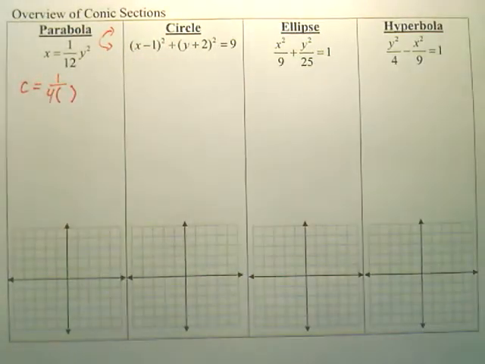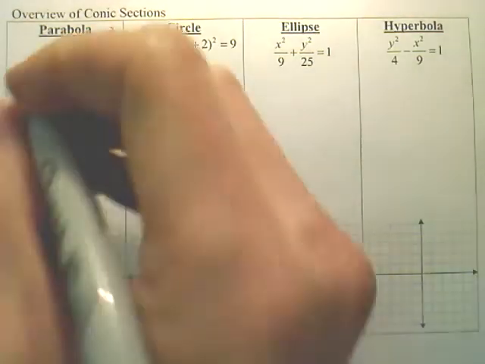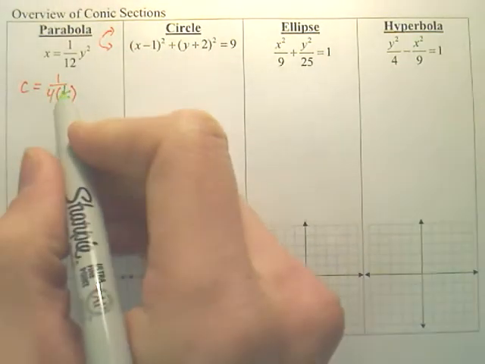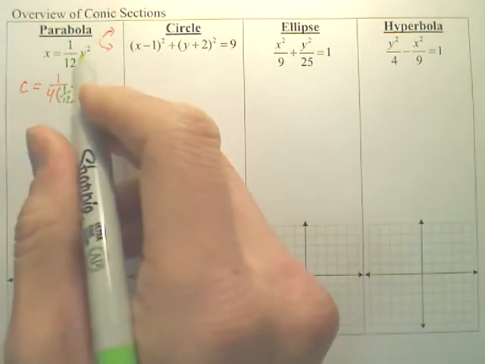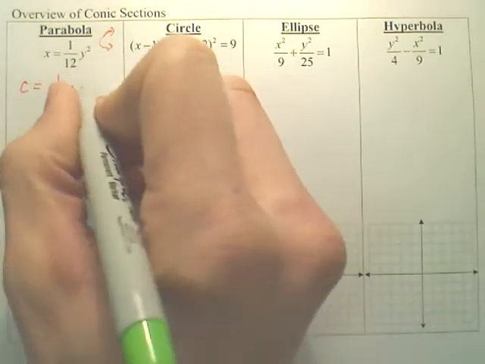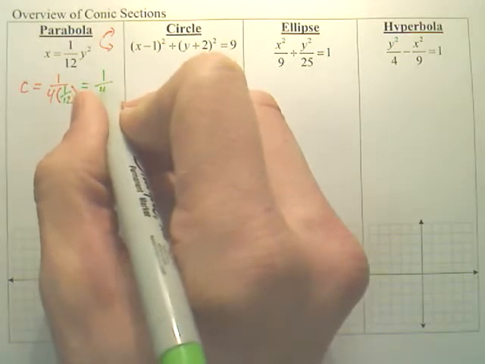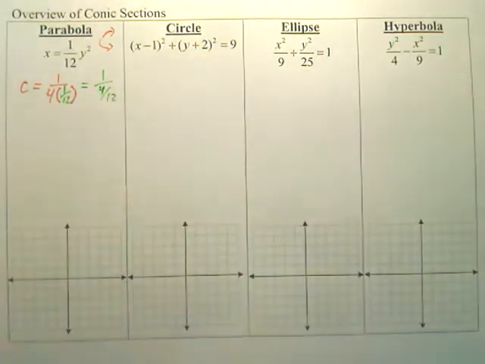Now in this particular problem, a is 1 over 12. So a is your value in front of the squared value. So that becomes 1 over, well, this is going to become 4 twelfths.